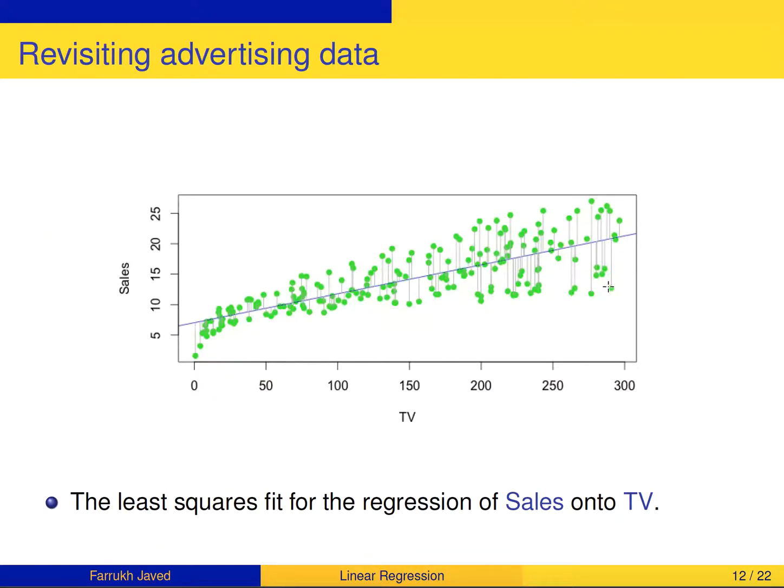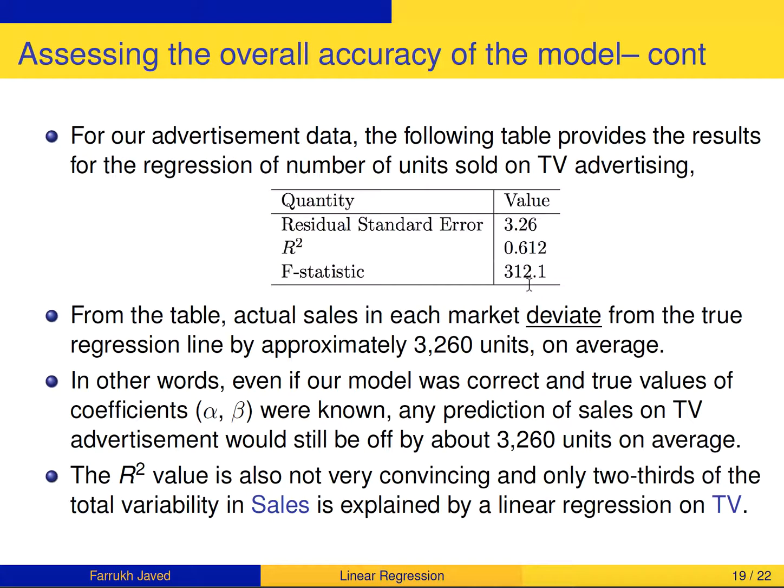You see there are some points which are deviating from the regression line. Some of them are really close to the regression line, and that's what we can see from this value. It means that we lose too much.